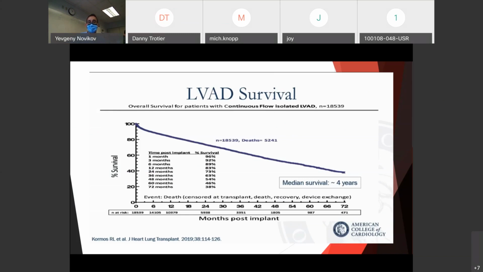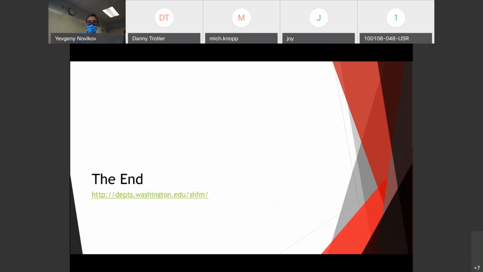Or as a way to reverse this pulmonary hypertension and give it time so by the time we transplant, this heart will do better. Or it's a destination therapy. And again, this is to give a patient a meaningful life, with a median survival of about 4 years. I think that's about it. I included a link.